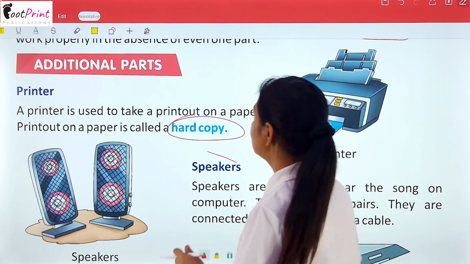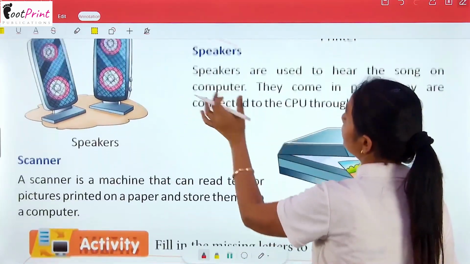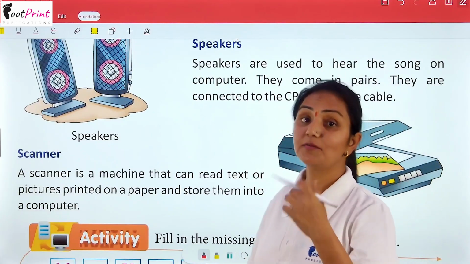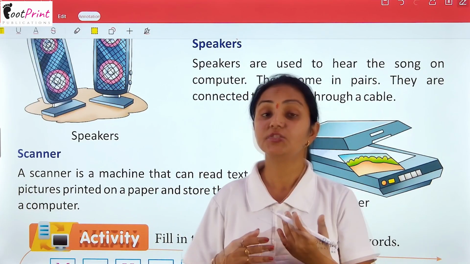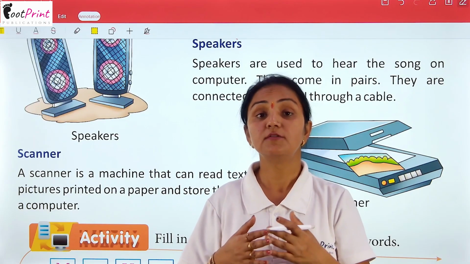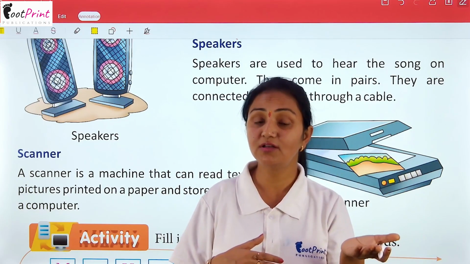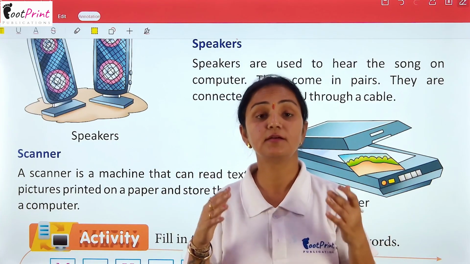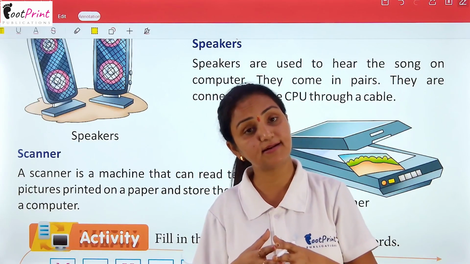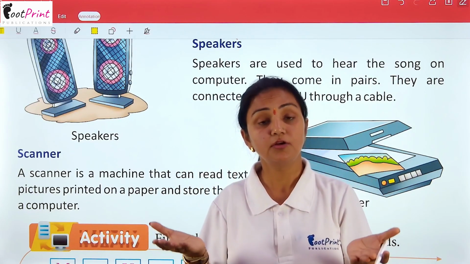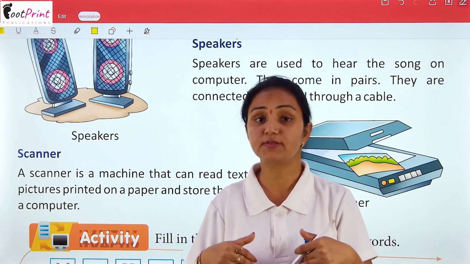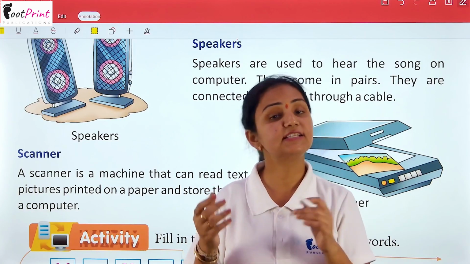Okay? So next we have speaker. Students, by the name only we come to know what is the work of the speaker. Speaker is used for listening to songs, videos, voice, music, movies, etc. Any kind of voice, any kind of sound you want to listen from the computer side, for that you need the speaker.